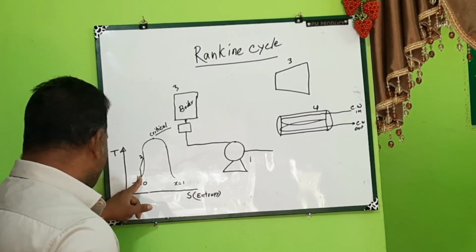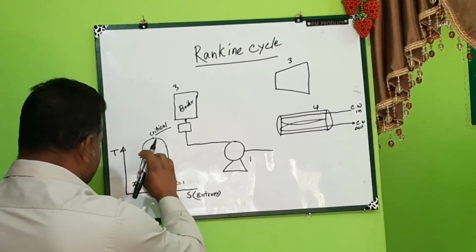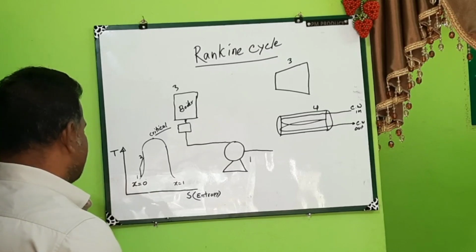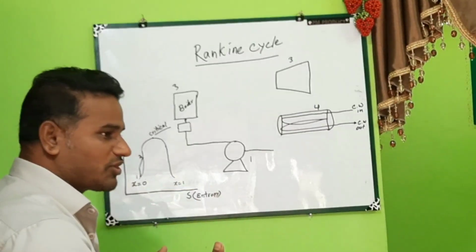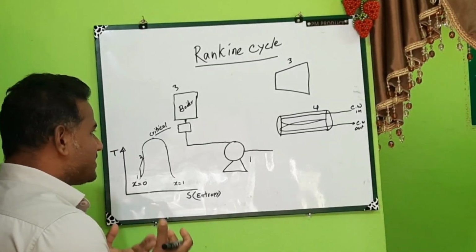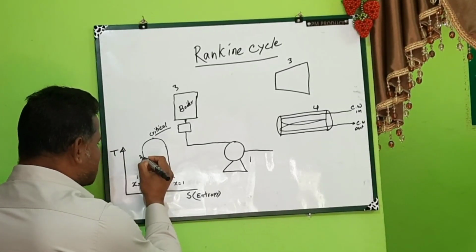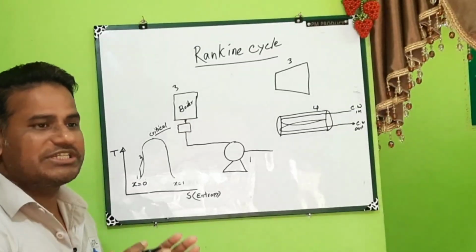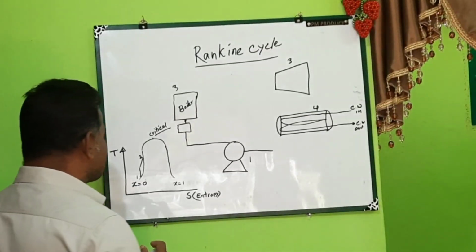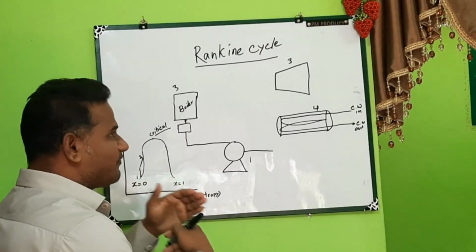From point 1 to point 2 it is called sensible heat, because the liquid phase does not change, but the temperature rises. After coming to this point, when you provide more heat, the temperature will not change. Only the phase changes.